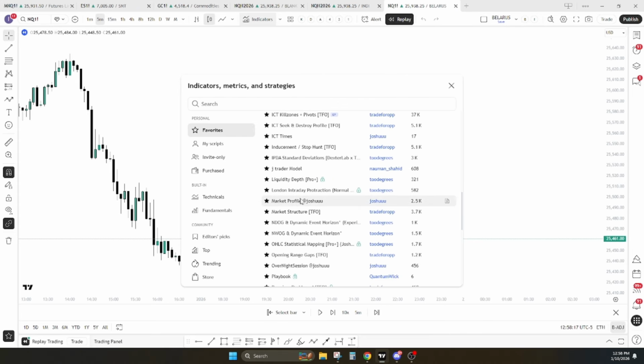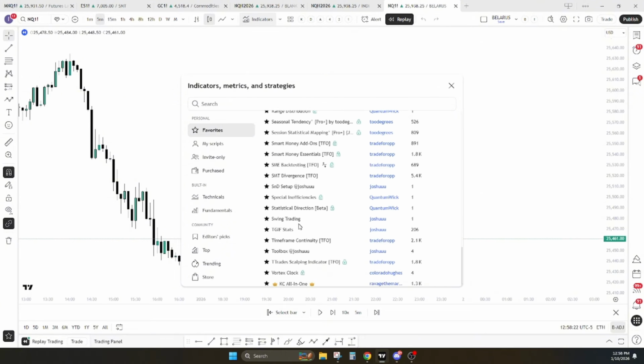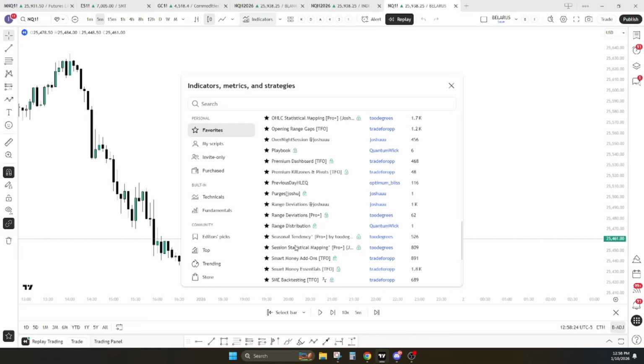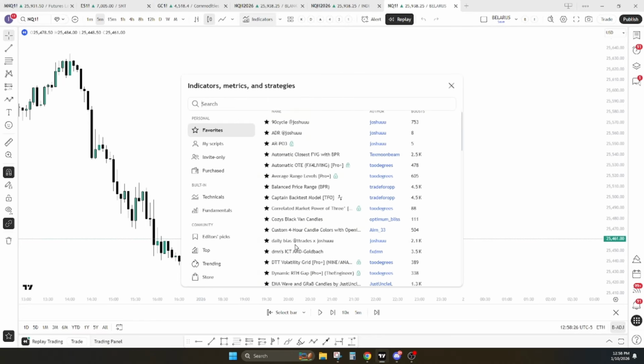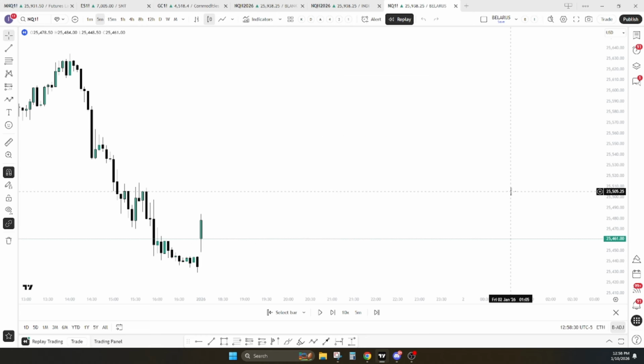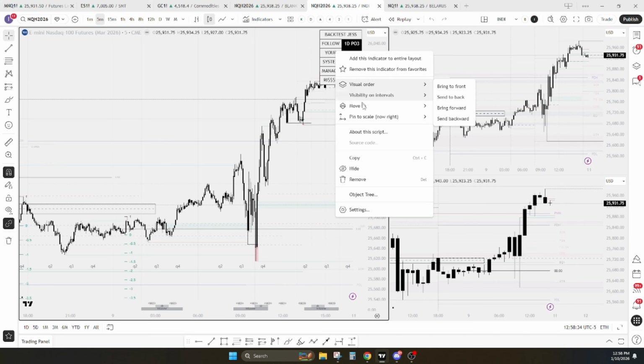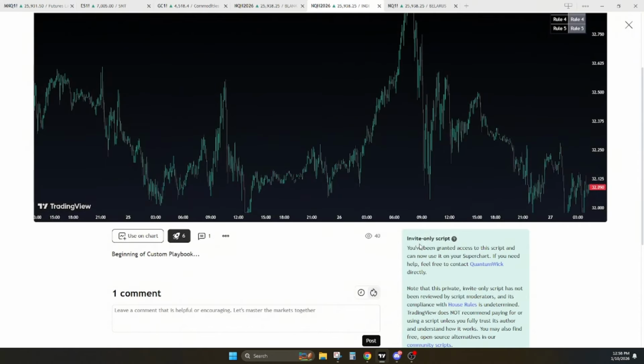On the 5 minute chart, you would click on the indicator, then about this script, and when you click on about this script, you have these three ellipses to share the link.